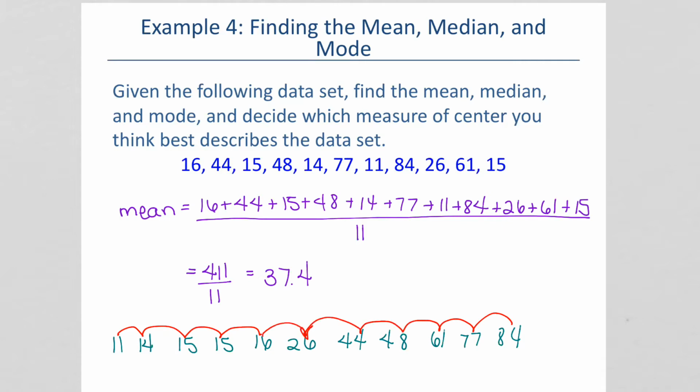It ends up right there at 26. So the median is 26. And then the mode is the most used value if there is one. And the only one that's used more than once is 15. So the mode is 15.